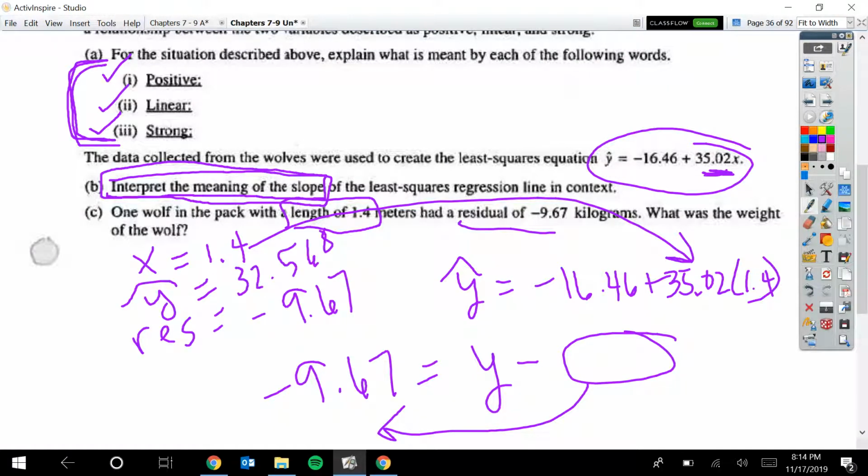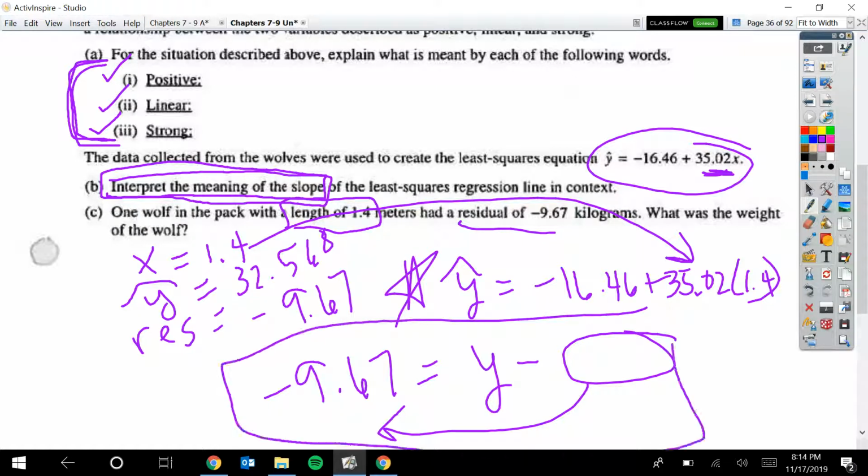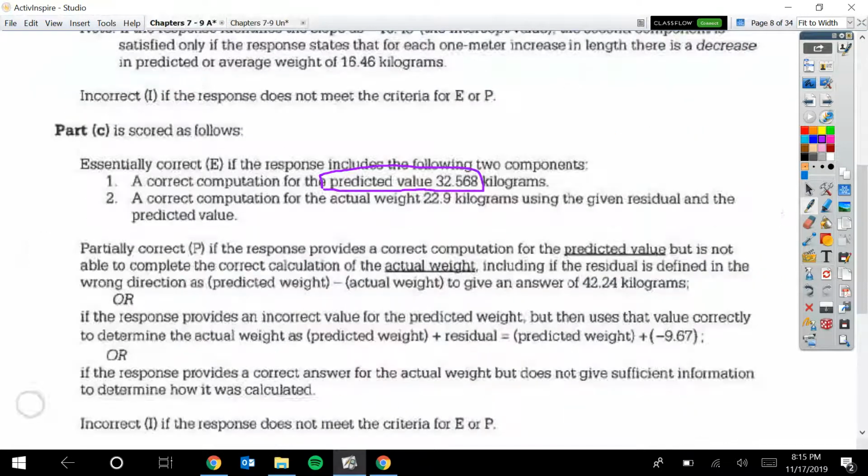So they had to see this computation, then they had to see you plugging this in to then get the actual weight of 22.9. If, say, you had done this, but you did some algebra wrong, then you get partially correct. Okay.